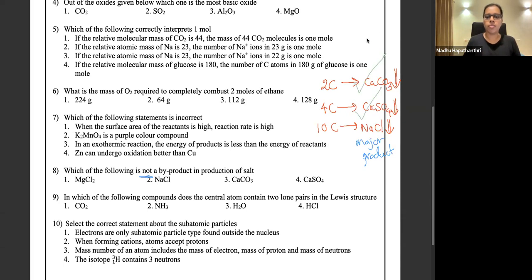So these ones are byproducts. Byproducts means, in addition to what we mainly focus on, other stuff we are forming. Our focus is on sodium chloride. On our way to form sodium chloride, we are forming calcium carbonate and calcium sulfate.